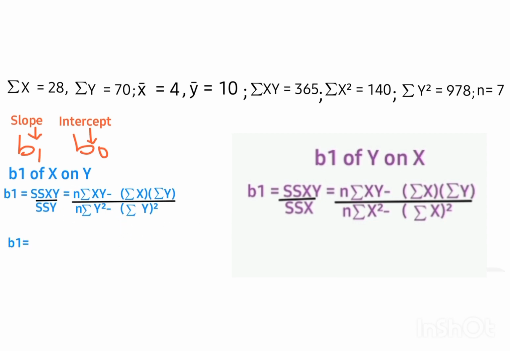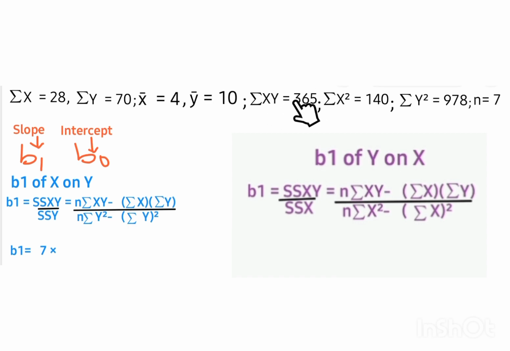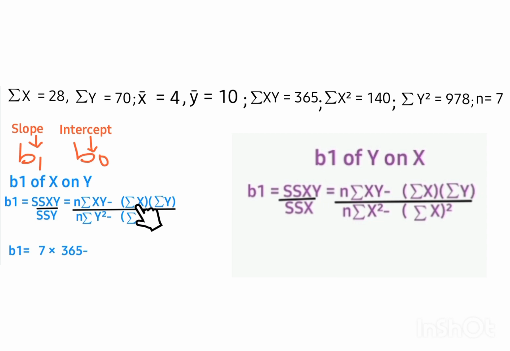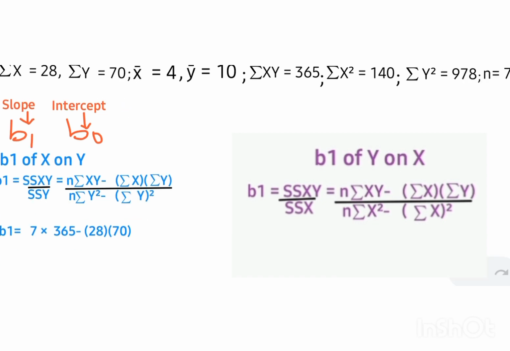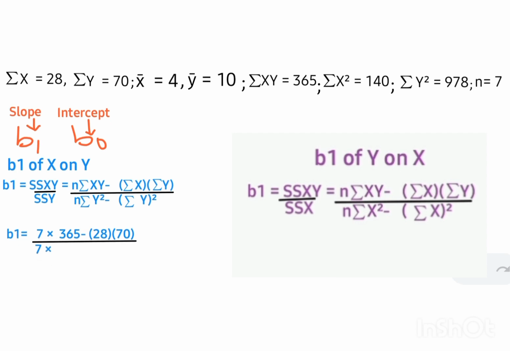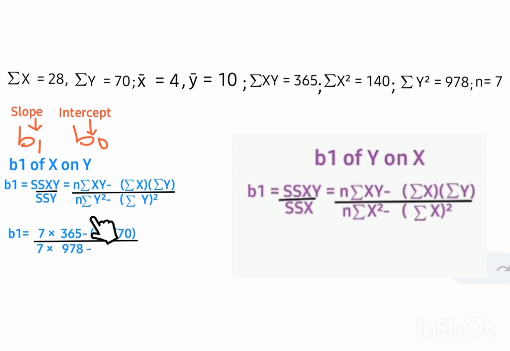b1 will be equal to n. We did say n value is 7, and we record that, times summation xy, summation 65, we record that now, minus summation x, the value is 28, times summation y, of course 70, and we record that now, divided by n. We did say n value is 7, times summation y square, we had 978, minus summation y all square.